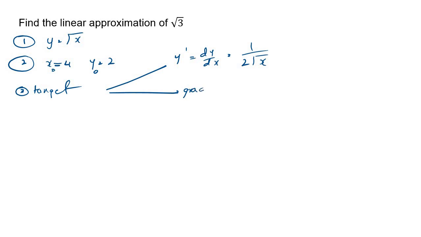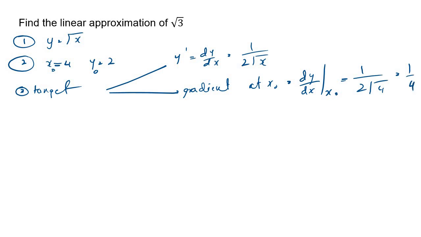Gradient at x0 is equal to dy over dx at x0. So we know x0 is 4. So the gradient is equal to 1 over 2 square root of 4, which is equal to 1 over 4. That's the gradient at x equals 4.